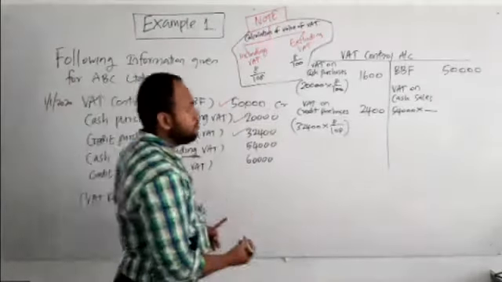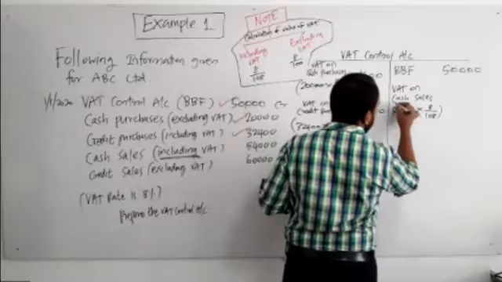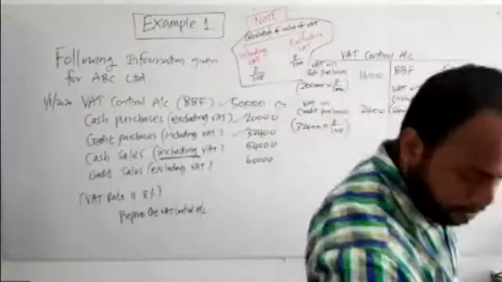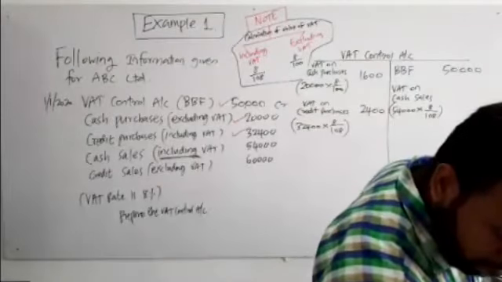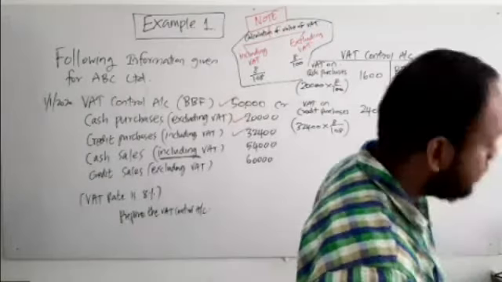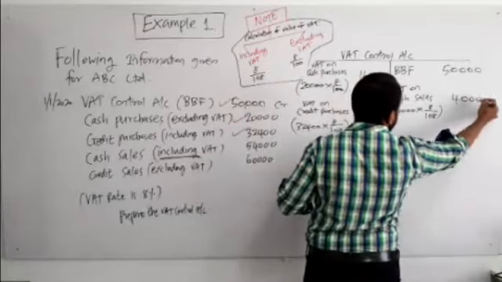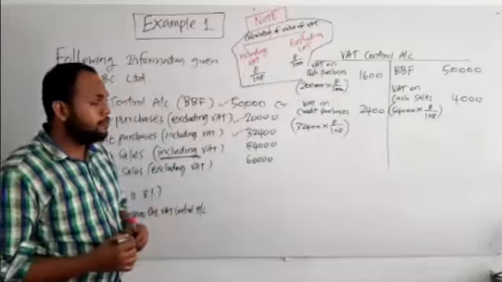If it includes, divide by 108 multiplied by 8. So for 54,000, that amount is 4,000. VAT on cash sales is 4,000.